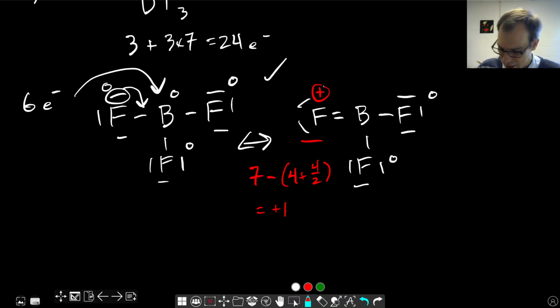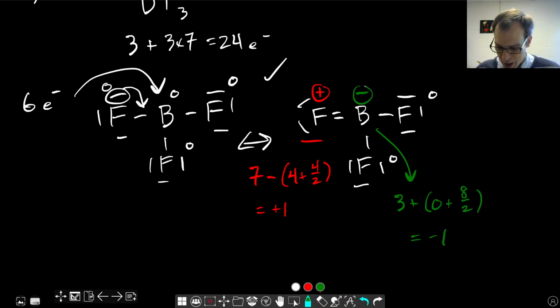So that gives us a positive formal charge on fluorine. And for boron, it usually only has 3. There are 0 non-bonding electrons, but 8 bonding electrons, which gives us a formal charge of -1 on the boron.